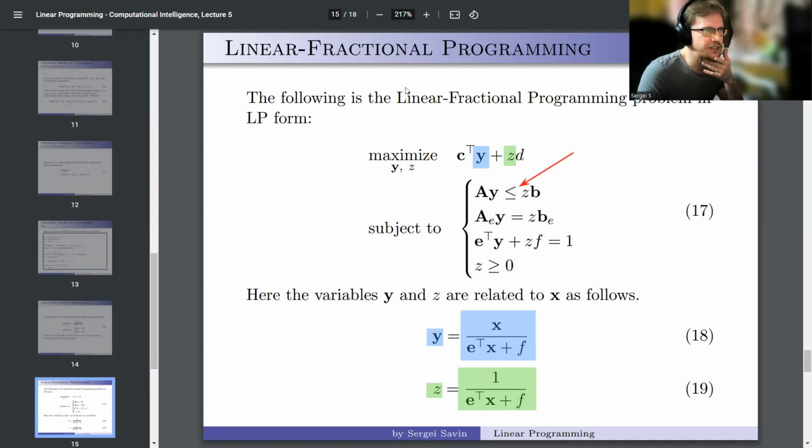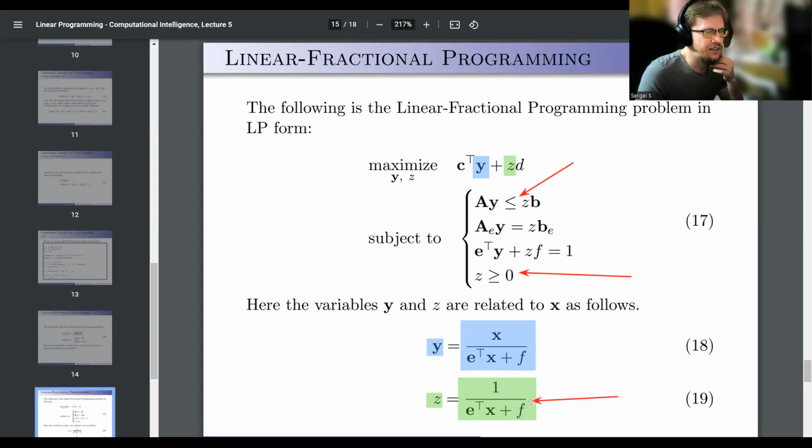Well, z should be positive. This one makes sense. Why? If this guy can be both positive and negative, it can also be 0. And if it is 0, the denominator becomes 0 and the solution goes to infinity. That's not something we like. We don't like solutions going to infinity.